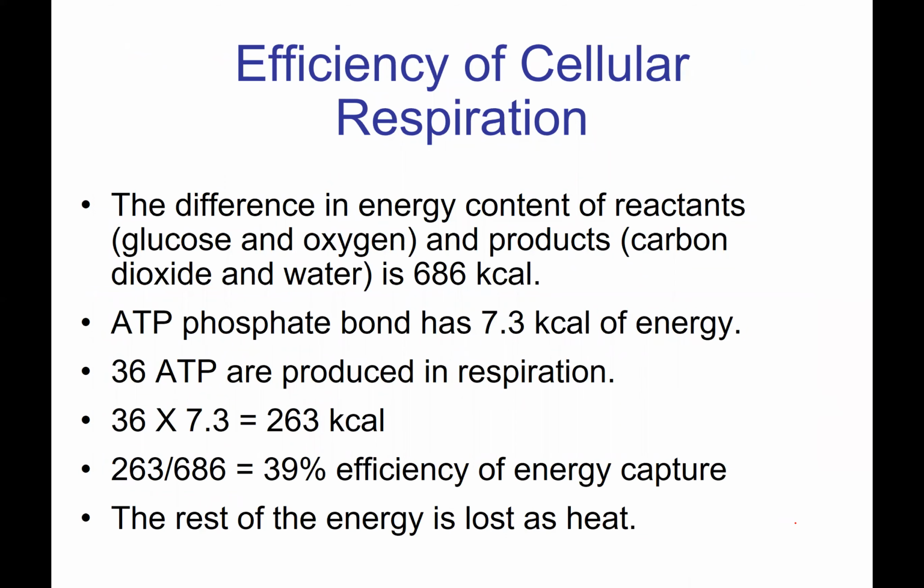The efficiency, it's really only 39% efficient. So again, according to the laws of thermodynamics, we can't transfer all of that energy. We are going to lose some as heat, but we do get a majority of energy out of this whole process.